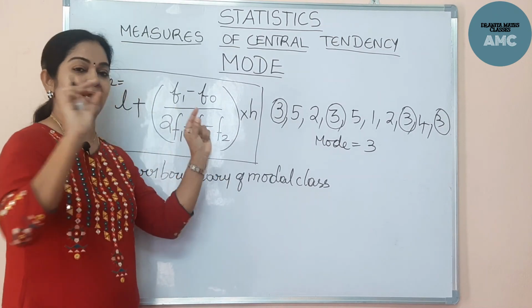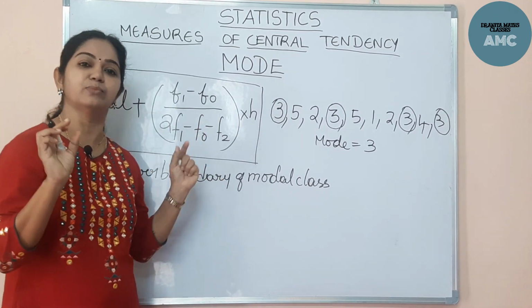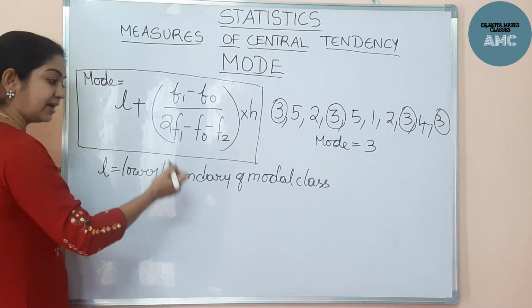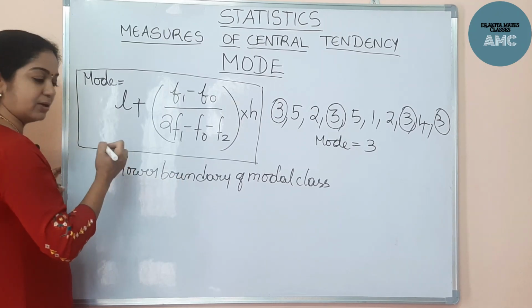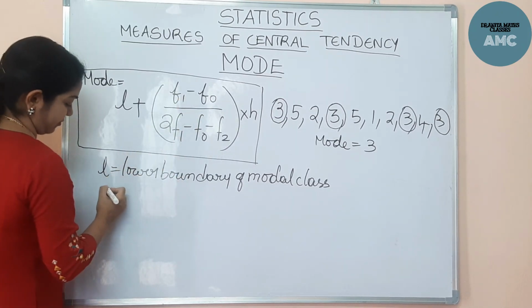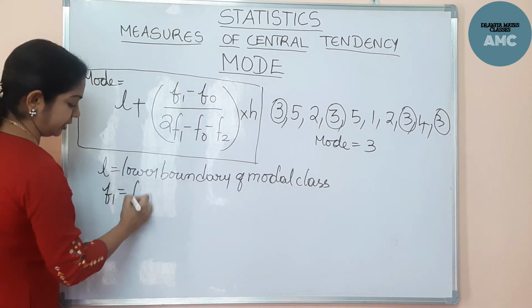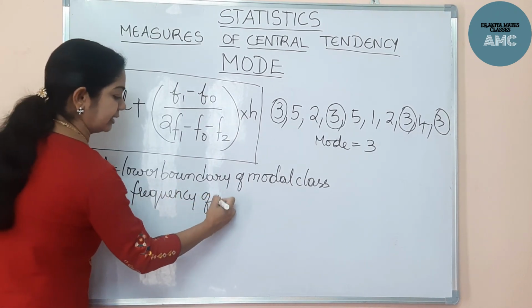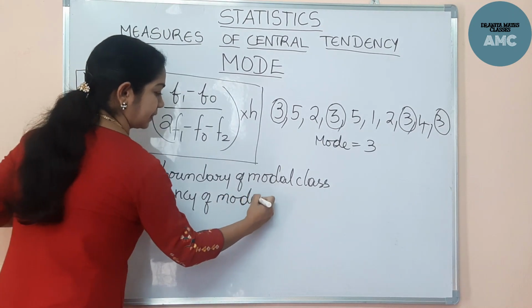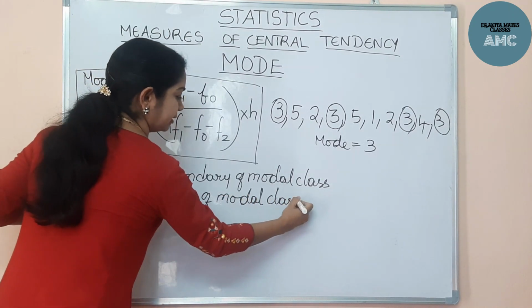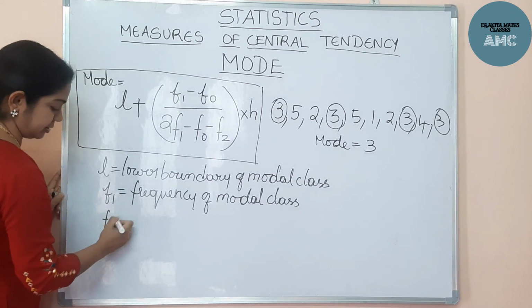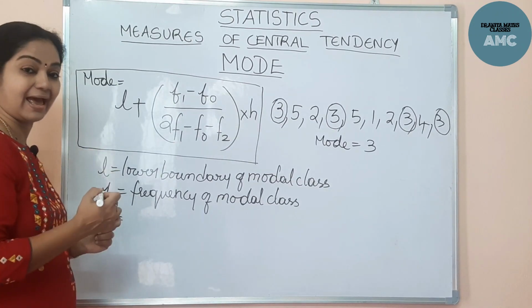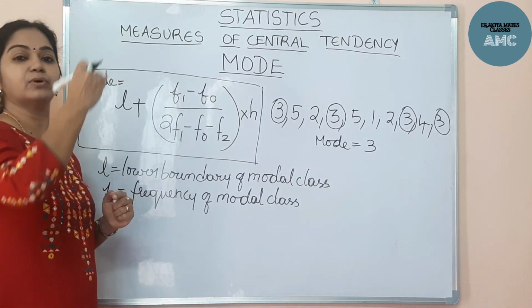For that class, the lower limit, that is the lower boundary, is L. Now, F1 is the frequency of the modal class.